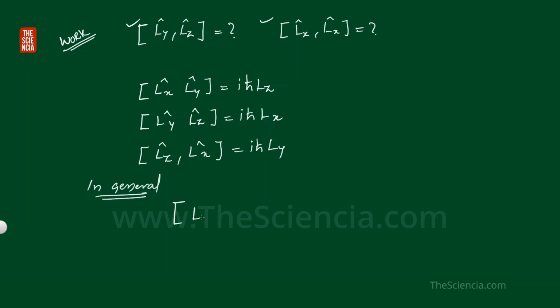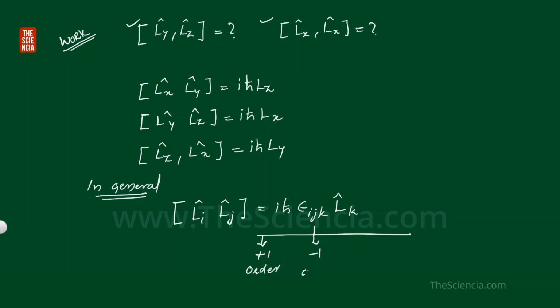So in general, this is [Li, Lj], and this is equal to iħ ε_ijk Lk. What is the meaning of this term? This is positive one for order and negative one for disorder, and it is equal to 0 if the terms are repeating. What is this order?